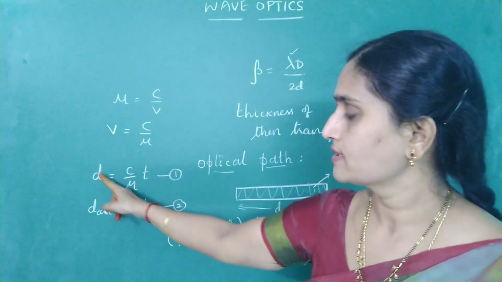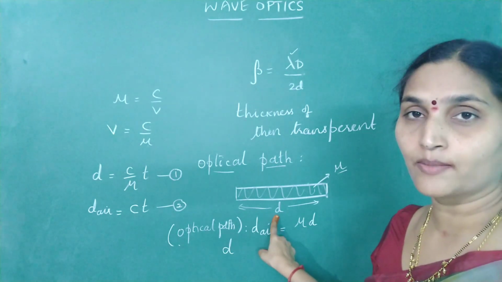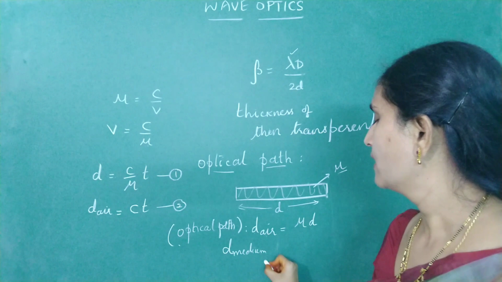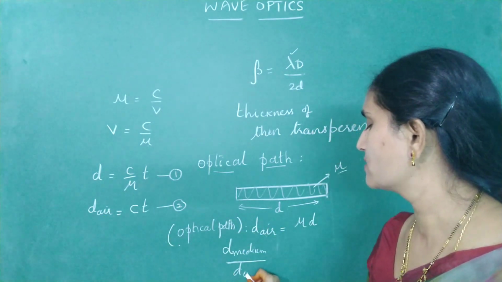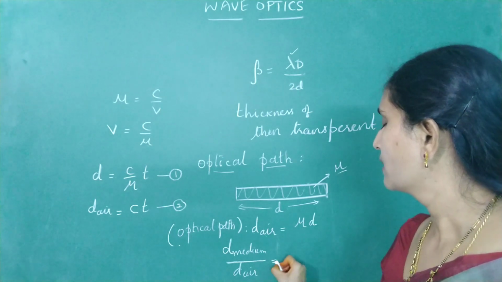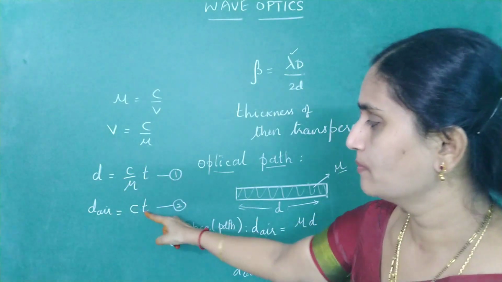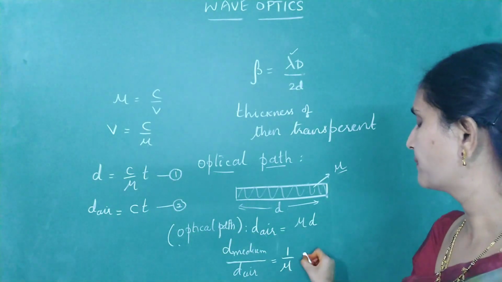Divide the two relations: d, the distance travelled inside the medium, divided by the distance travelled by light in air in the same interval of time. What is this ratio coming out to be? c by mu by c. t and t will get cancelled. It's 1 by mu.